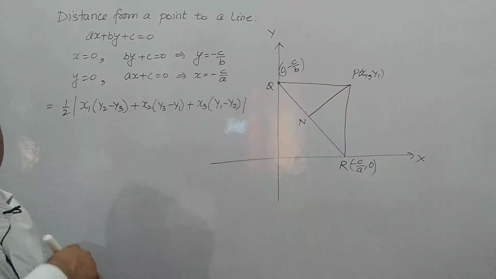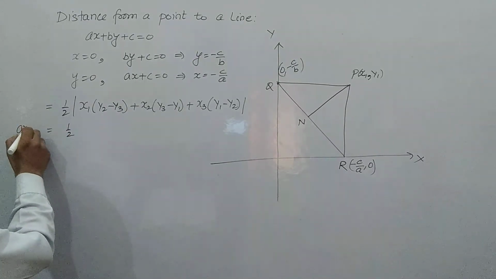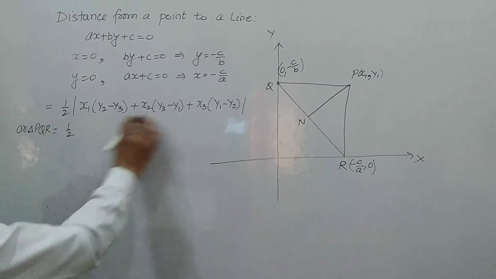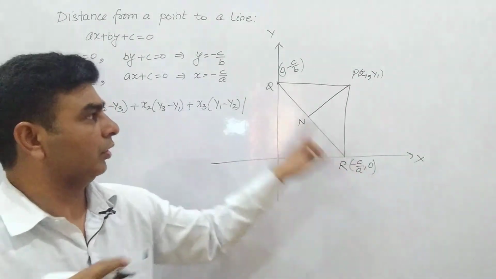So let me do this. This is the area of triangle PQR given through the vertices formula, where this is x1 y1, this is x2 y2, this is x3 y3.